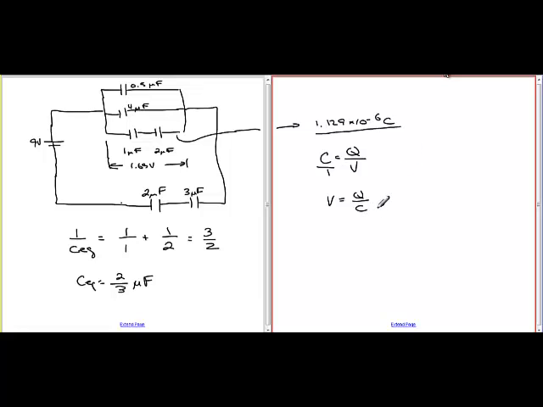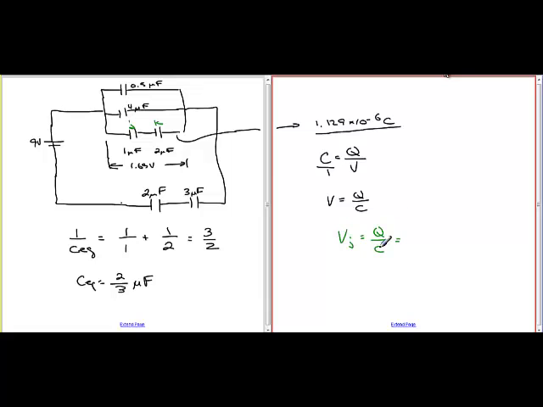So let's call this, we said G, H, I, J. Let's call this J, and this K. The voltage across capacitor J is equal to the charge divided by the capacitance.